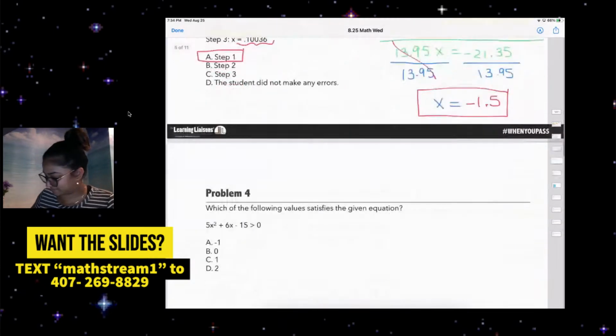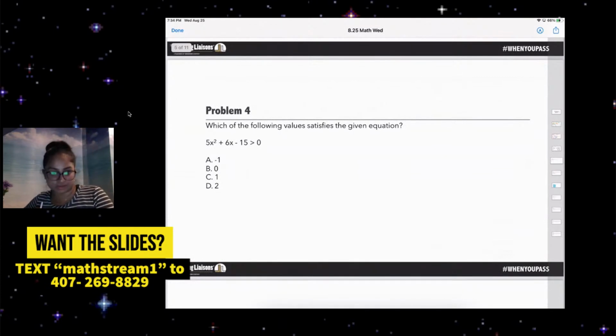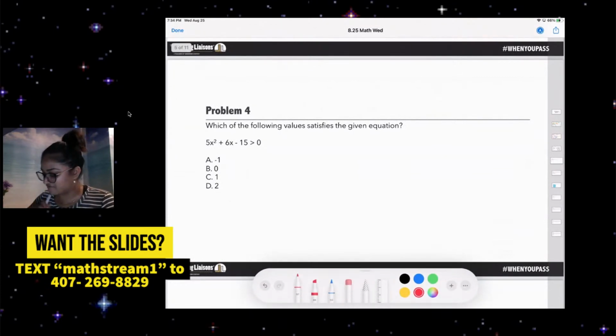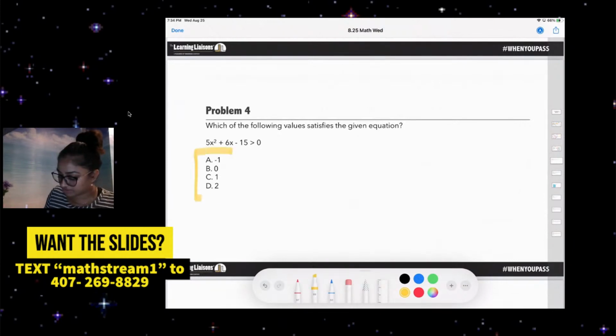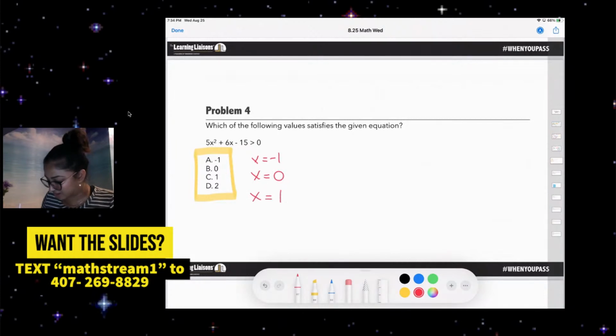All right, we have another problem. Problem 4. It says, which of the following values satisfies the given equation? So now these are numbers that actually say x is equal to negative 1, x is equal to 0, x is equal to 1, and x is equal to 2.